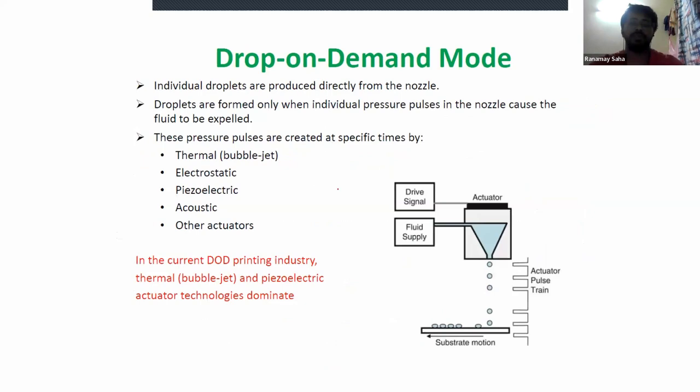And this is the other case, in which you do drop on demand. Individual droplets are produced directly from the nozzle. The pressure pulses in the nozzle cause the fluid to be expelled. So you don't maintain a steady pressure, rather we give pulses of pressure. That way the droplets are formed only when you desire, which is why it is called drop on demand mode.